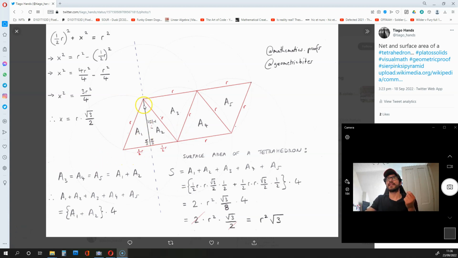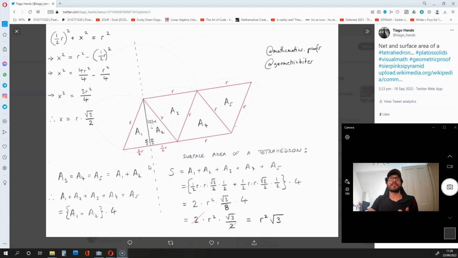So to get the area of one of these equilateral triangles, what we need to do is split the length r down the middle for one of these triangles. This line over here is a perpendicular bisector, and by cutting this line in half, we can use Pythagoras' theorem to derive the area, or at least half the area, of one of these equilateral triangles.